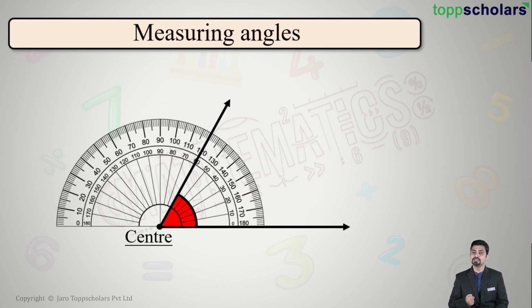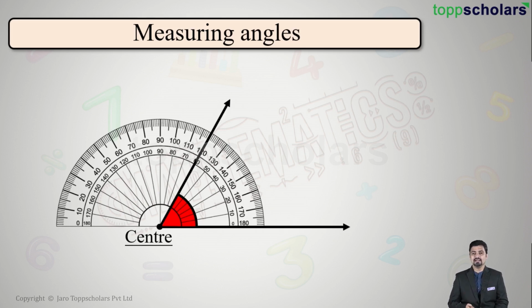Here, I have coincided with the bottom horizontal arm of the angle. Two points to be remembered. Center of protractor on the vertex and the baseline on one of the arms. With that done, you can start measuring the angle.